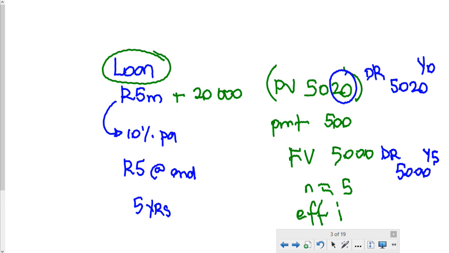And the only way to do that is if that 20 disappears over the 5 years. And so you'll see that we need to work out a new effective I so that we can amortize, and we will be amortizing that extra 20 over the period, essentially.